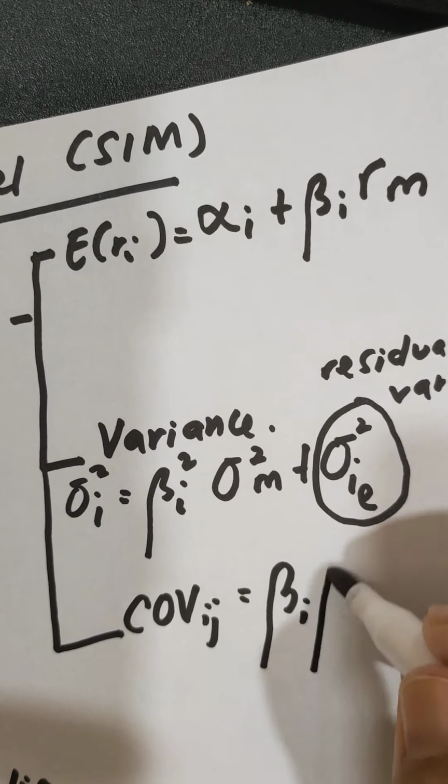Alpha for J is 0.5 plus beta of J is 1.2 multiplied with the return on market already given to you, which is 5. So you can get the answer of 6.5.